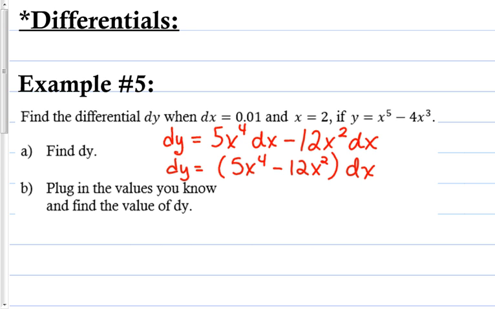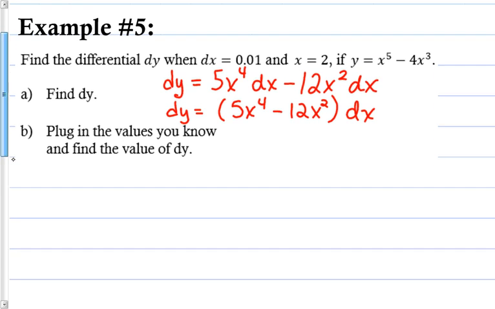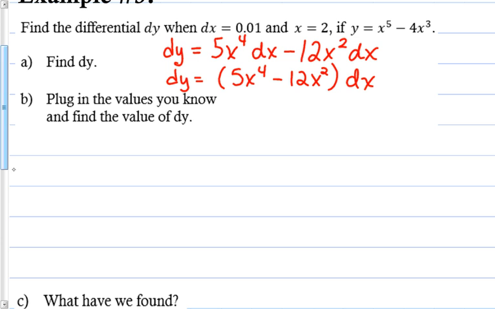Now that it's derived and I have dy, or at least what it equals, I'm going to plug in the values that I know in order to actually get a value for dy. So remember, they told me dx was 0.01. That's the difference or the change in x. That's what the d stands for. X is 2. I don't physically have y, but I don't need it because I don't have any y's in the equation.